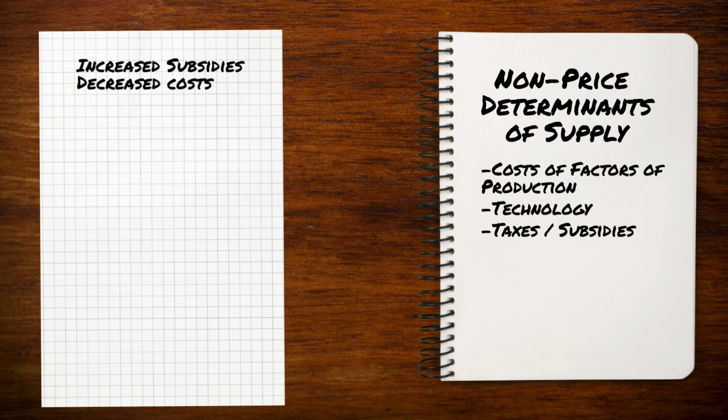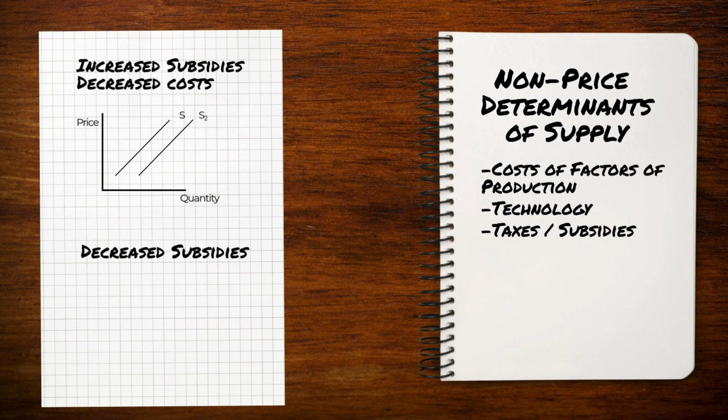Therefore, if subsidies are given, then the supply curve will shift to the right, since firms can now supply more at the same price. Or if subsidies are lessened or taken away completely, this will effectively make things more expensive. So the firm will want to supply less at the same price level, shifting our curve to the left.